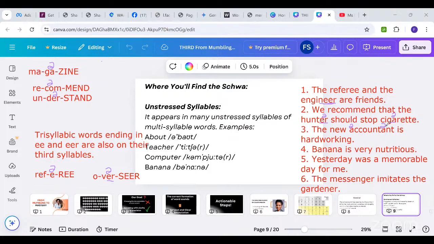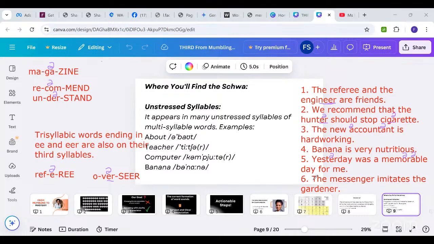Yesterday was a memorable day for me. Memorable. Yes. Yesterday was a memorable day for me.